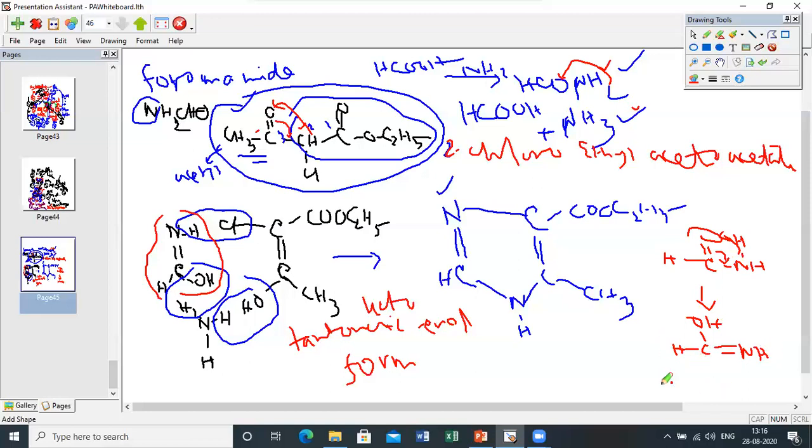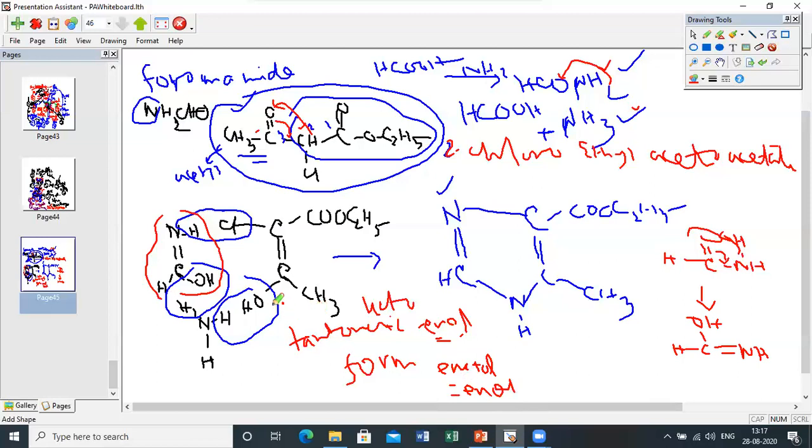This type of compound is enol. Why is it enol? Because a double bond is there, which you can write as 'ene', and this is hydroxy, written as 'ol'. So 'ene' plus 'ol': there is one double bond, and adjacent to this double bond we get one alcohol, represented by 'ol', so it becomes enol.